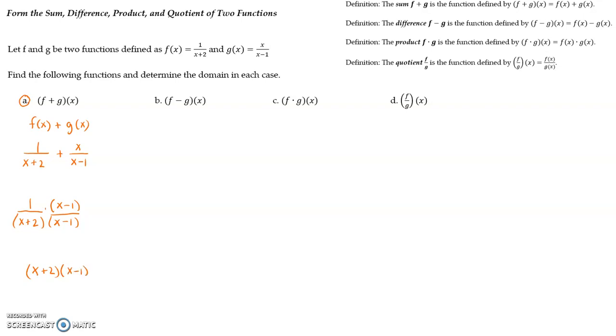If I multiply the top out, 1 times x minus 1 is just x minus 1 on top. Let's do the same thing for our second fraction. Our original fraction was x over x minus 1, and the factor this one was missing was x plus 2. So I'm going to multiply top and bottom by x plus 2.